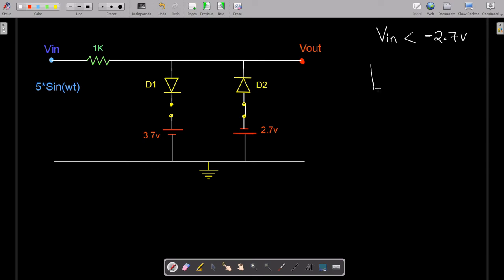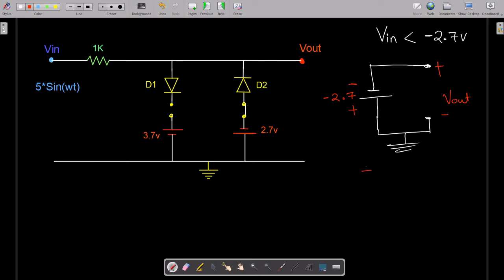I'm not drawing this particular diode, but this is your minus 2.7 volts, and this is your V out, and these two things are grounded. By applying the parallel combination, since they both are connected in parallel, you can directly get V out as minus 2.7 volts, or if you want, you can apply KVL.